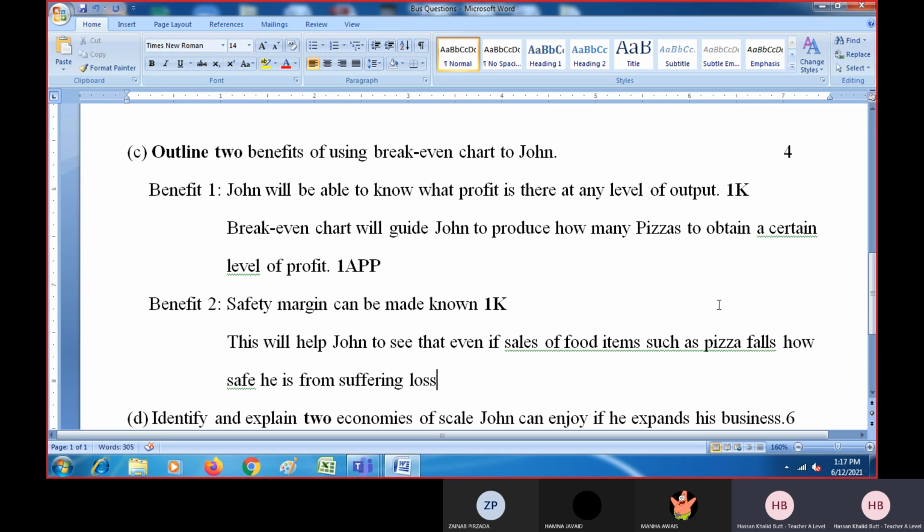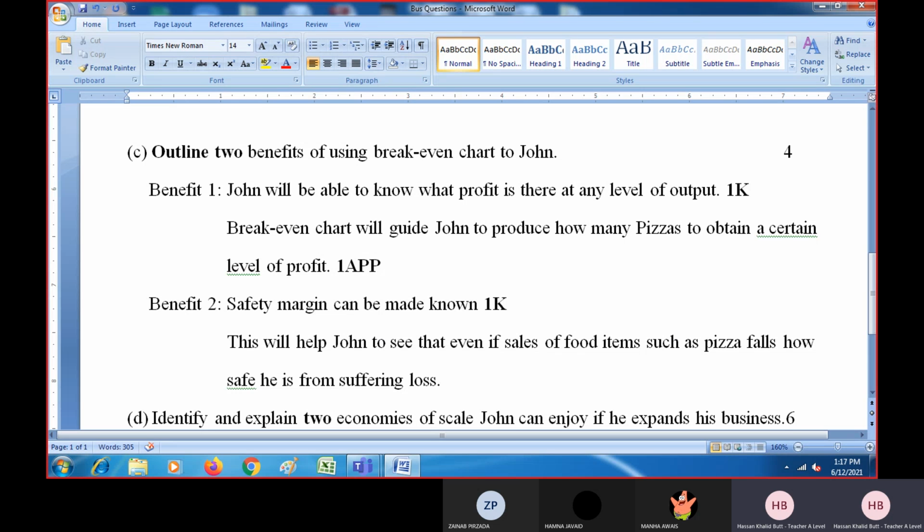Okay, and although we have not explained how it will happen, remember, we have not discussed how safety margin tells, because we have not shown the formula here, we do not need to. And there is no need to tell how safety margin tells John that he is safe from the loss.